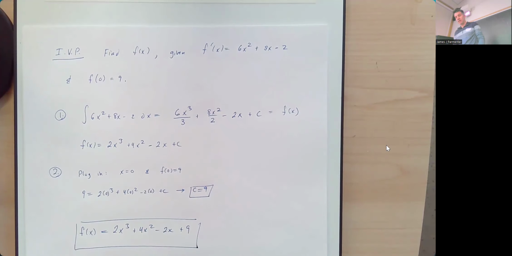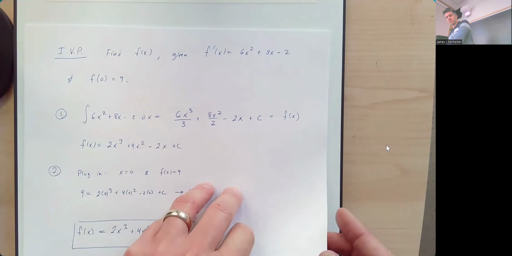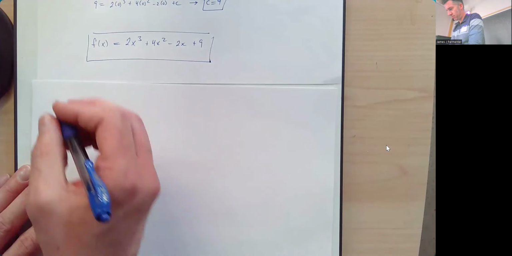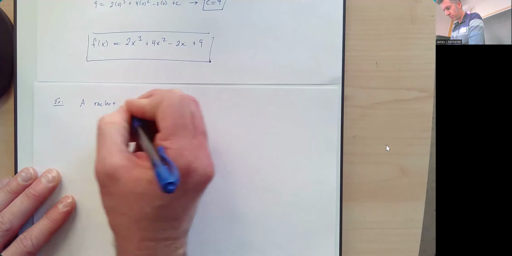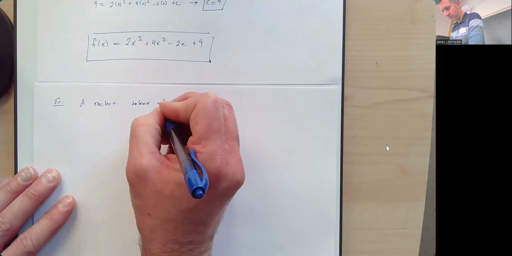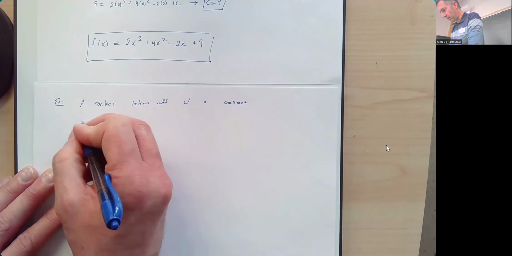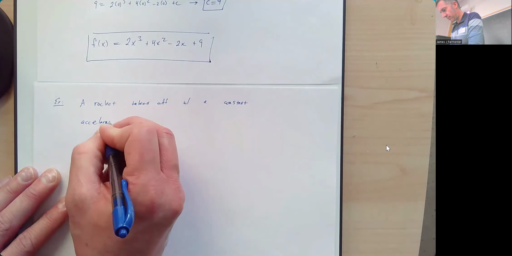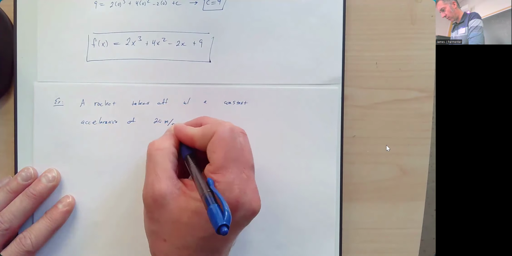Sometimes initial value problems come up in a kinematics or physics context. Let's look at this example. A rocket takes off with a constant acceleration of 20 meters per second squared.